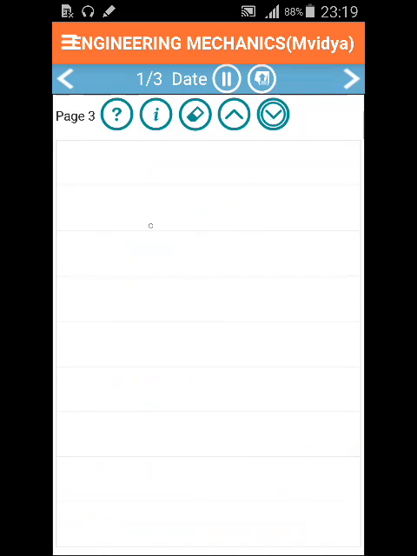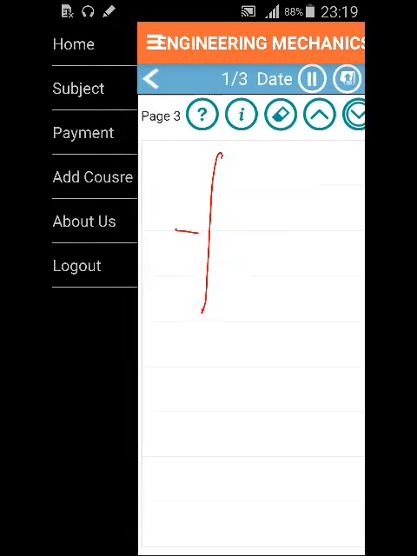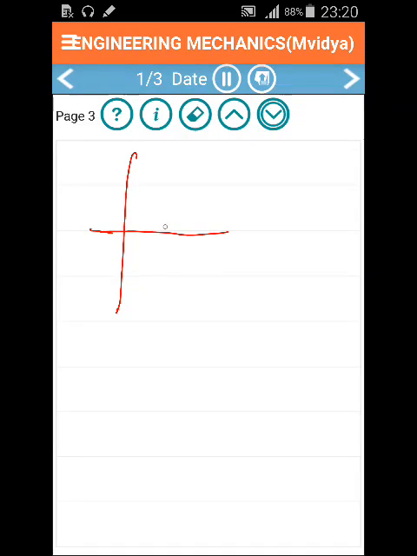If I try my unit vector notation, a unit vector is a vector of unit magnitude. So I call this i cap and this is j cap along the y-axis.